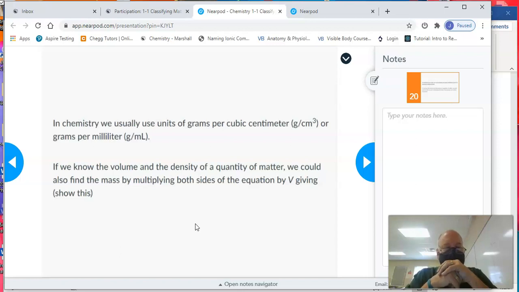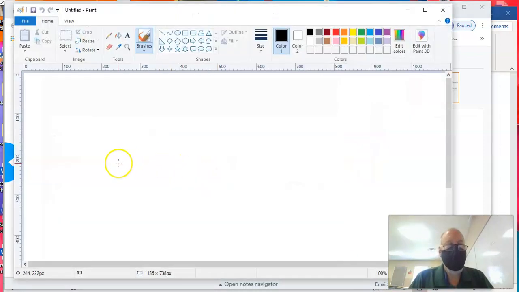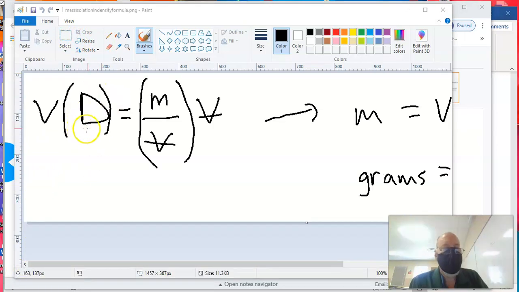Now, if we know the volume and the density of a quantity of matter, we could also find mass by multiplying both sides of the equation by V. I'm going to show this using the formula. If I start with D equals M over V, and then I multiply both sides of the equation by V, I'm going to get rid of that denominator.